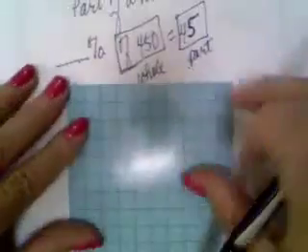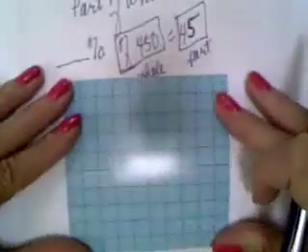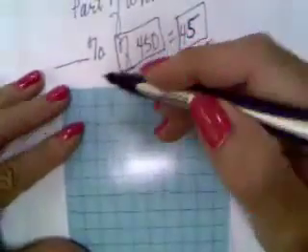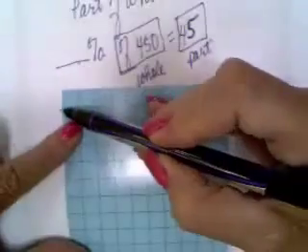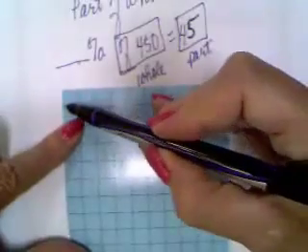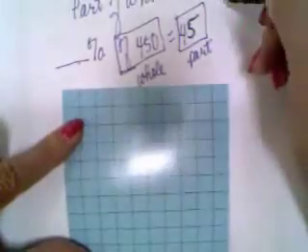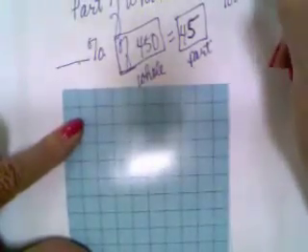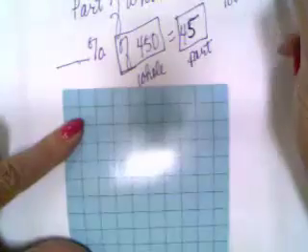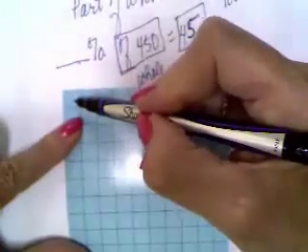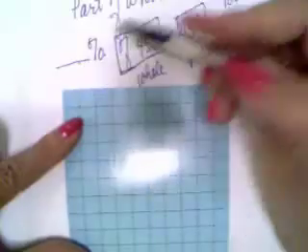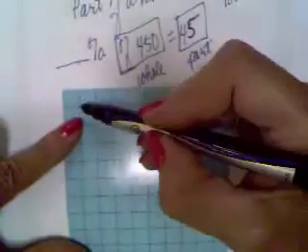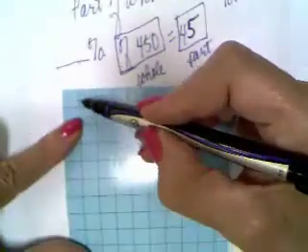So remember that this is the whole, 100%, and so if I want to know the value of 1%, I know that 1% would be 100 divided into 450, which is 4 5/10. So each percent, or each block, has a value of 4 5/10.